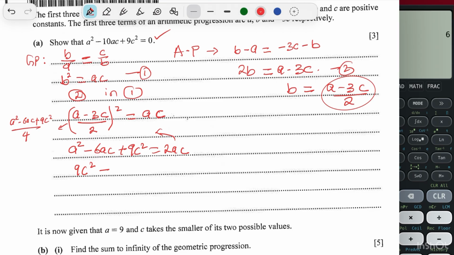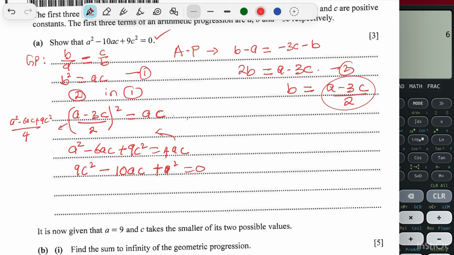When you cross multiply to the other side, it becomes 4ac. So when you collect like terms, it becomes a squared minus 10ac plus 9c squared.